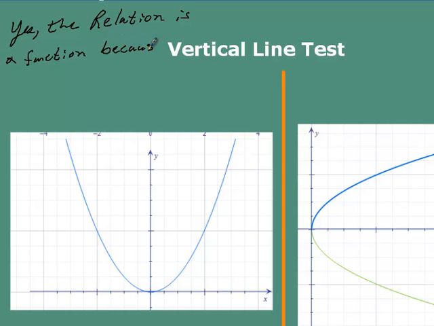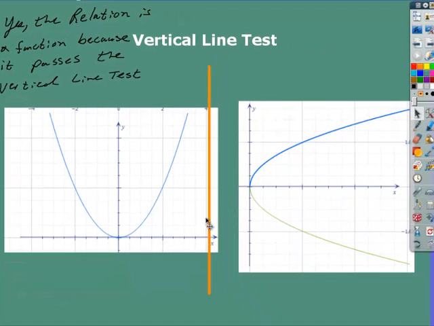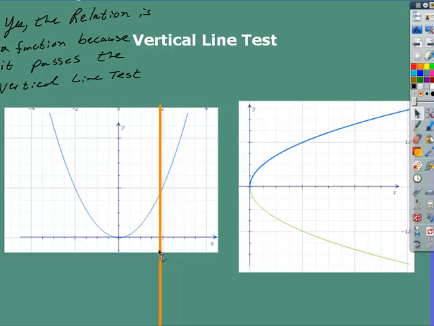So because it passes the vertical line test. Again, if I grab a vertical line and I drag it over my graph, do I ever intersect more than one time? No, I do not. Therefore, this is a function.